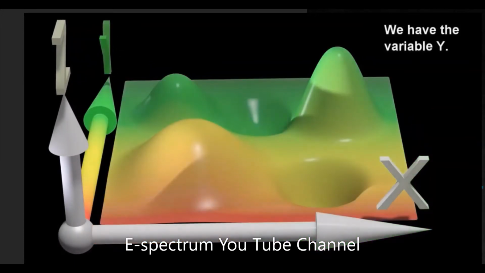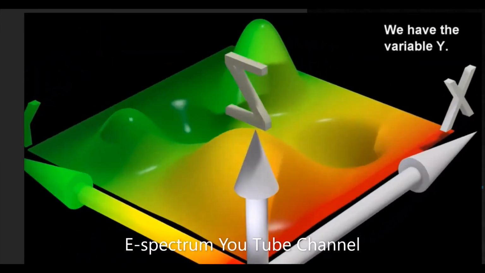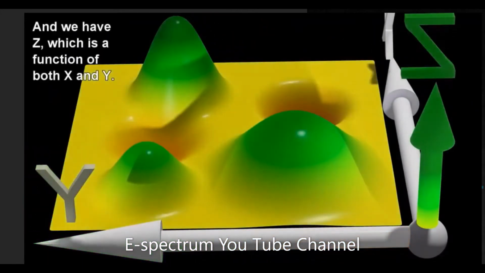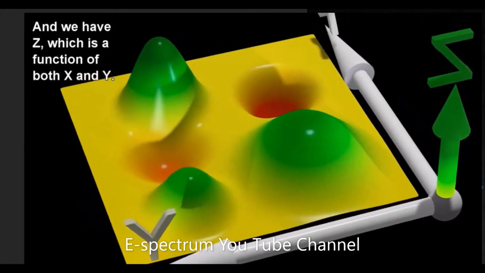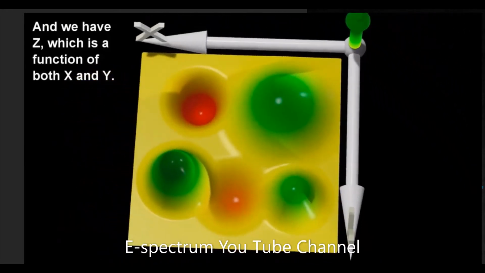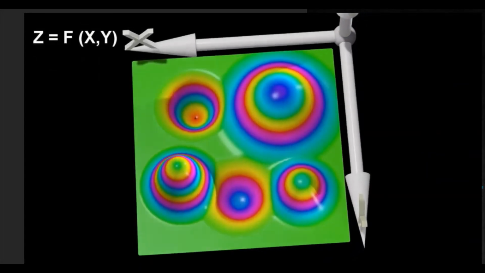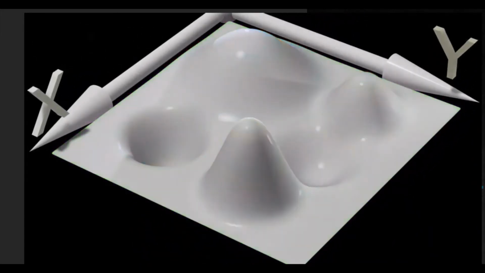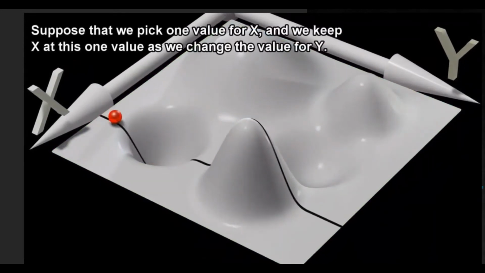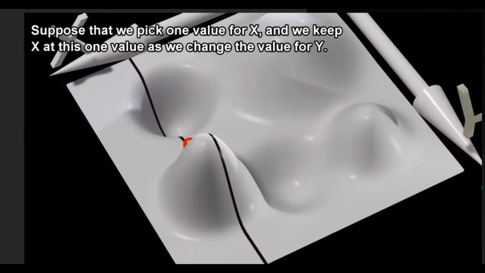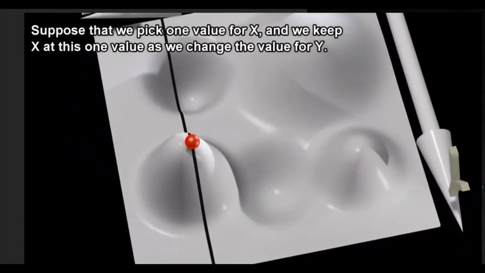We have the variable y. And we have z, which is a function of both x and y. Suppose that we pick one value for x, and we keep x at this one value as we change the value for y.